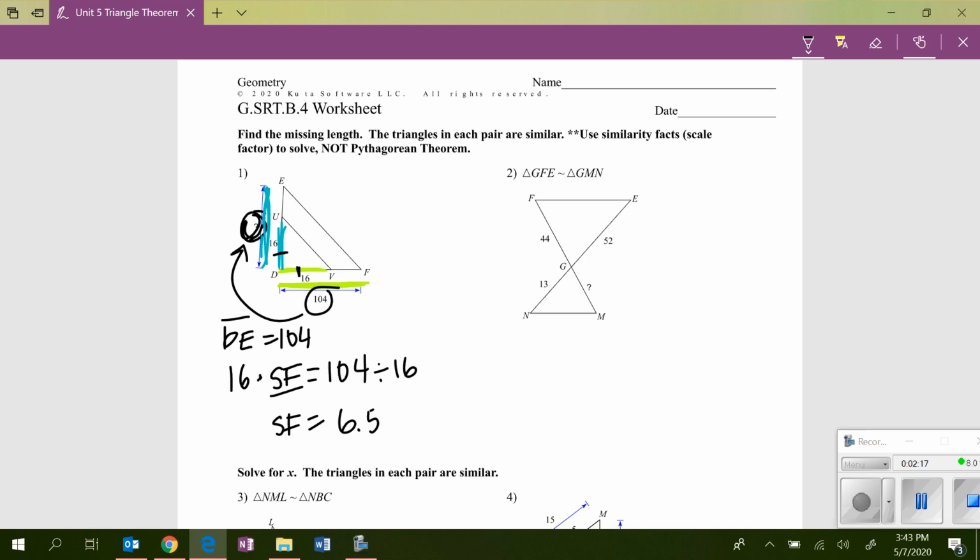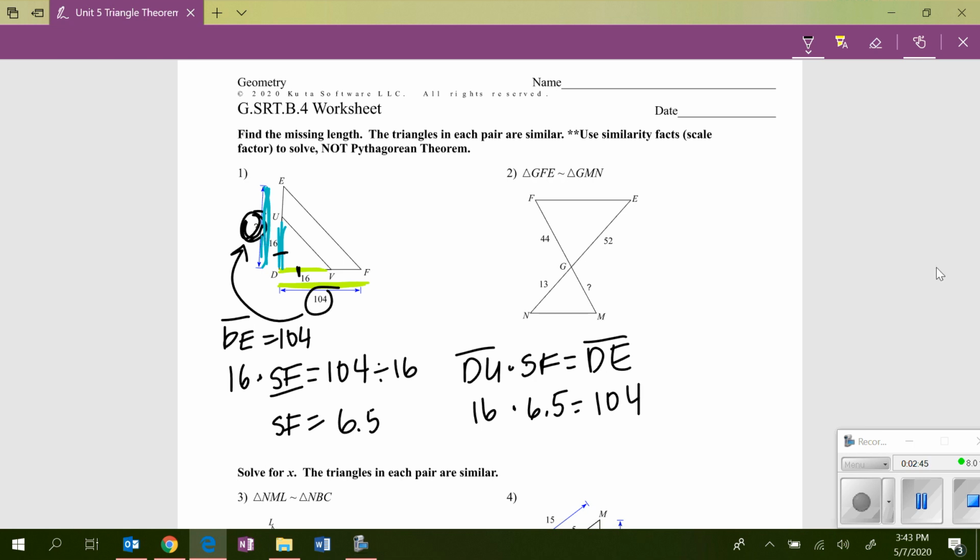Now I would take my scale factor and multiply it by DU. So DU times my scale factor would equal DE. So looking at it with our numbers, 16 times 6.5 would give me the measurement of DE, which is 104.